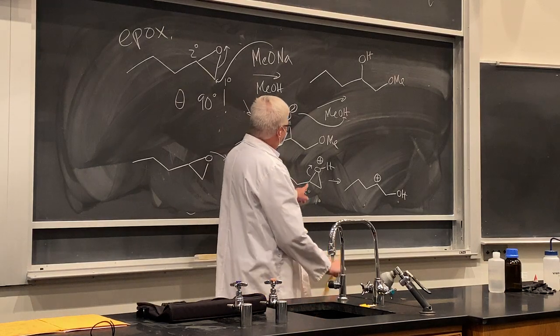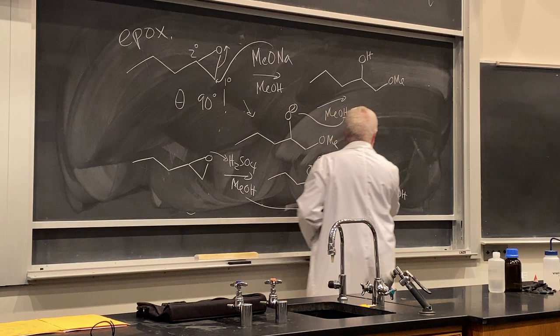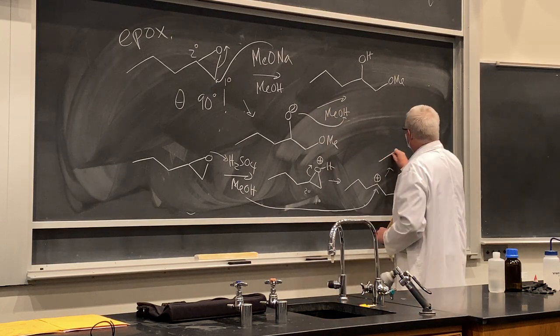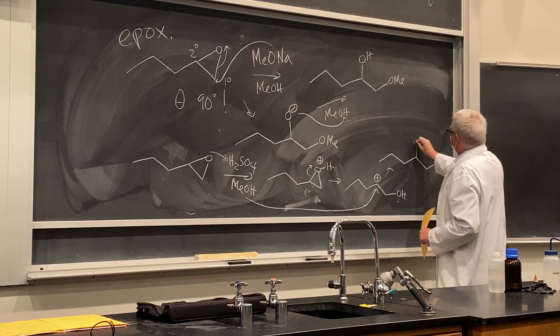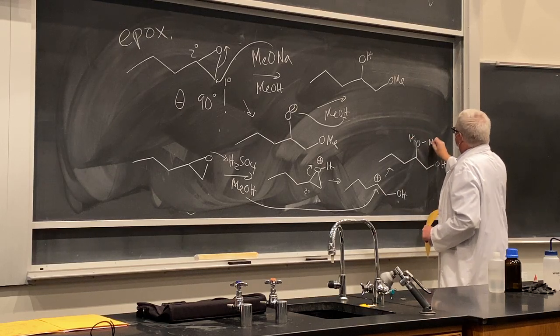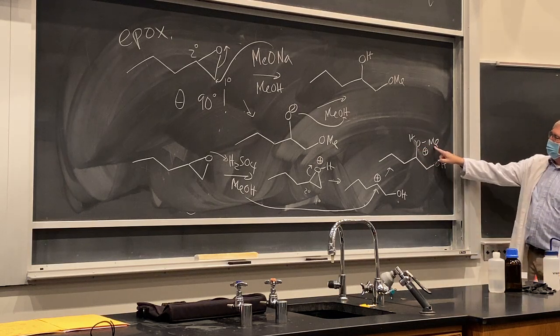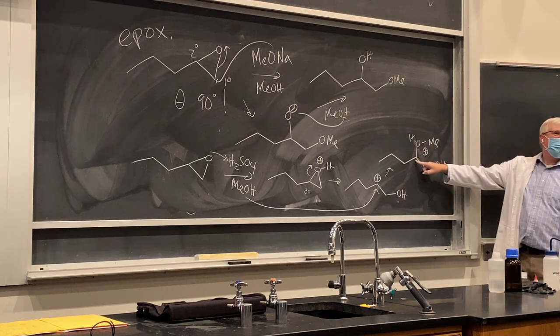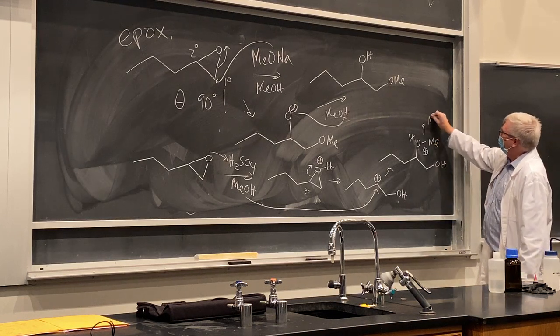And now what? Let's see, what can attack here? Oh, we got methanol. There it is. Methanol goes on there. We'll have the methyl ether hydronium ion. And notice the methyl ether now is at this 2 position there. And then what? Let's see, we've got more methanol.